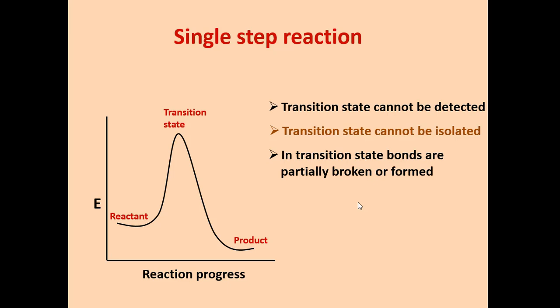During the transition state, the bonds are being partially broken and partially formed, and it is a purely imaginary state because it cannot be isolated and characterized. This is the case of a single step reaction.